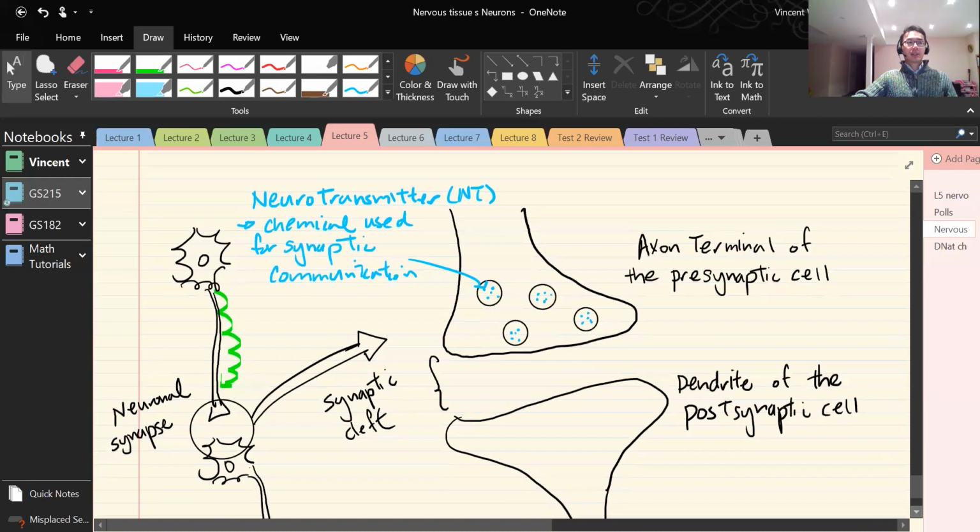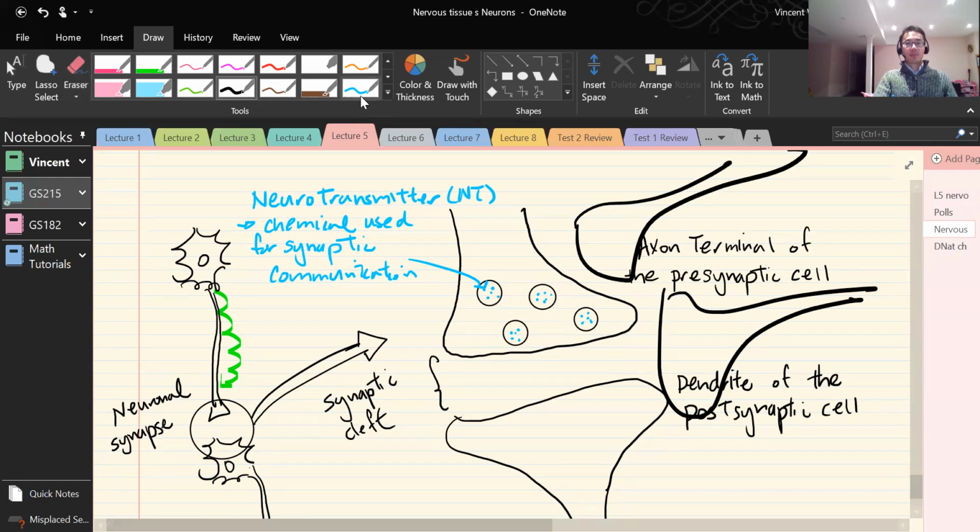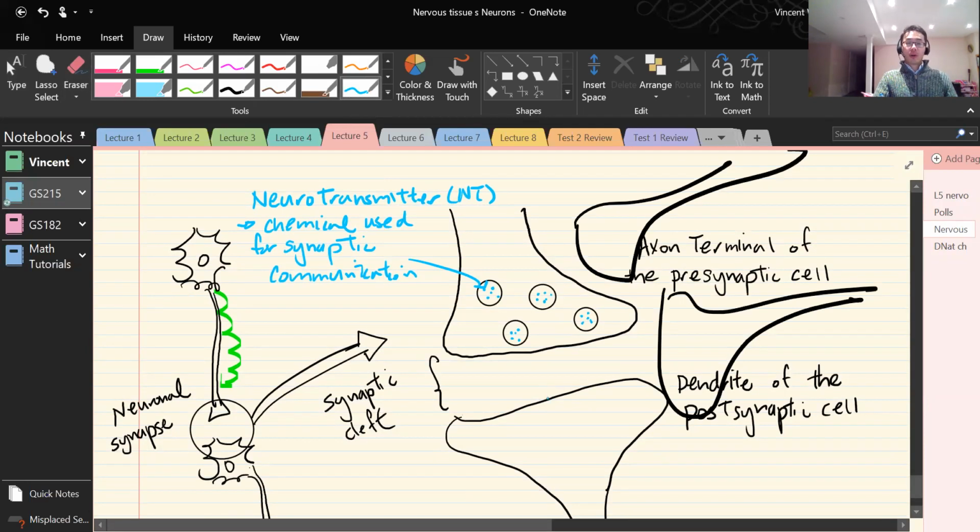Another thing about neurotransmitters is that when you release them into the synaptic cleft, you will have hundreds of other neurons in the vicinity. I'm just showing you a one-to-one connection here, but in reality, there could be another neuron here, and another neuron here. When the neurotransmitter is released, all of them will be exposed to it. In order for a neuron to respond to a neurotransmitter, it must have the right receptor.